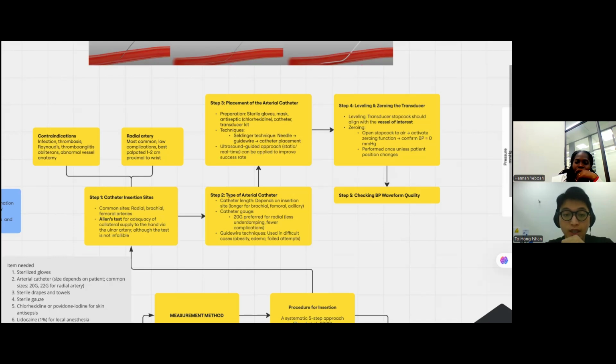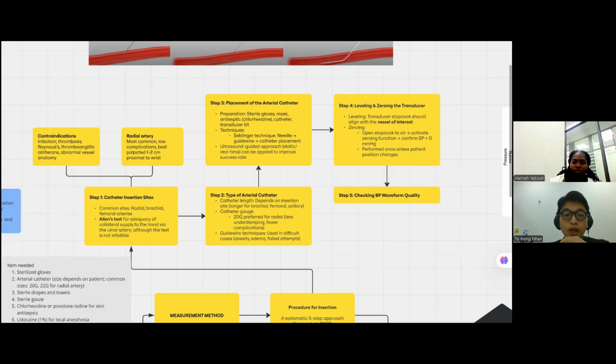The second one is the catheter gauge. Usually 20 gauge is preferred for the radial artery because it leads to less dampening and fewer complications are recorded. And the last one we also need to be cautious of is the guide wire technique. A guide wire is basically a wire that is used to guide the catheter into the blood vessel when we are trying to do a catheter insertion inside the vessel.